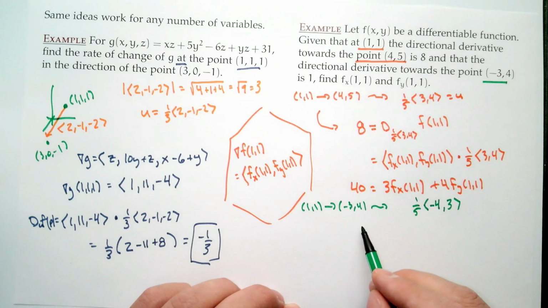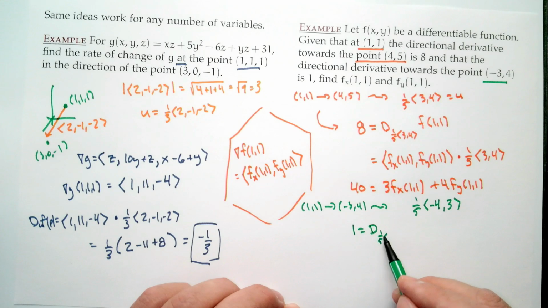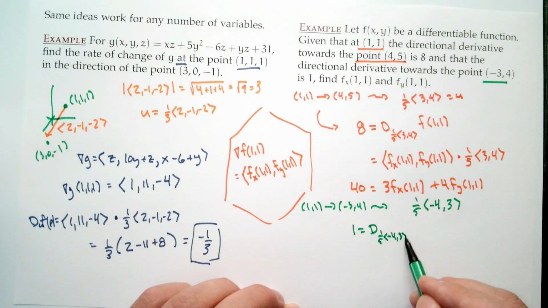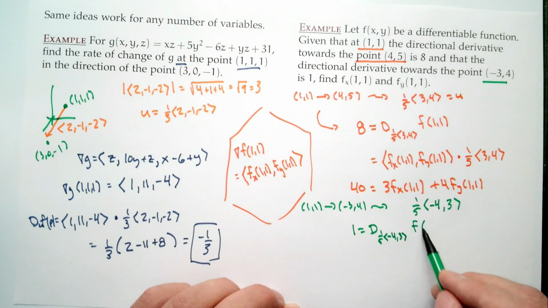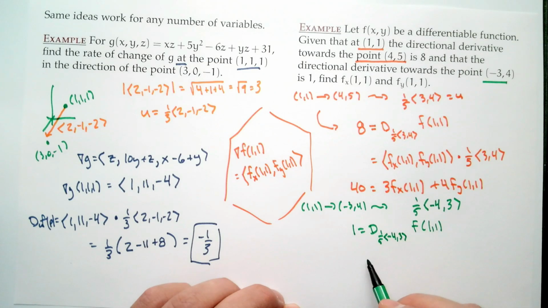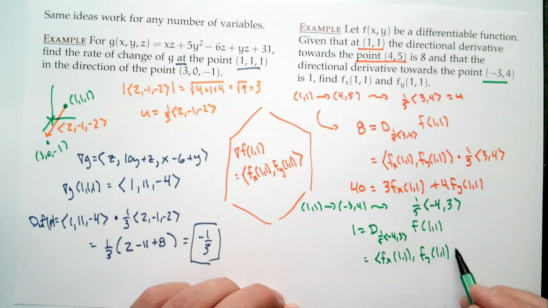So we get that 1 is equal to the directional derivative in the direction 1/5 times (-4, 3), f at (1, 1). Well, that would be, again, (fx at (1, 1), fy at (1, 1)) dotted with 1/5 times (-4, 3). Multiply both sides by 5.